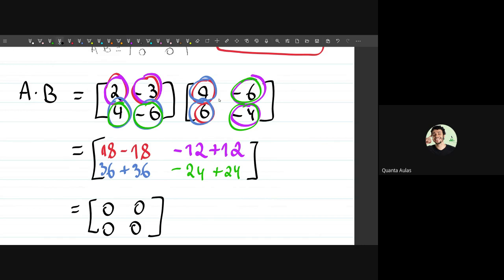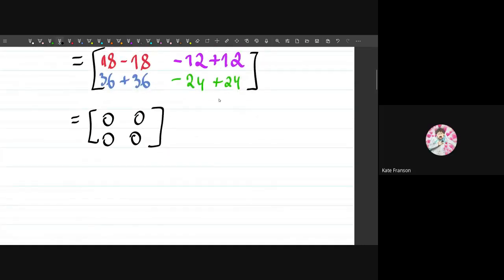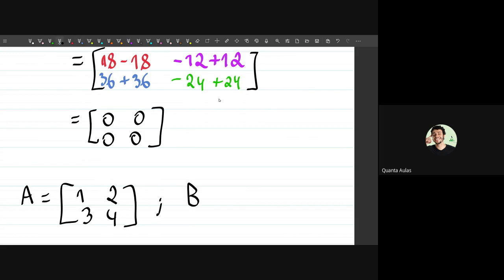In my class, I always ask my students to do some calculations in the class. So I will ask you to do a multiplication. Our first matrix is 1, 2, 3, 4, and the other matrix is 5, 6, 7, 8.